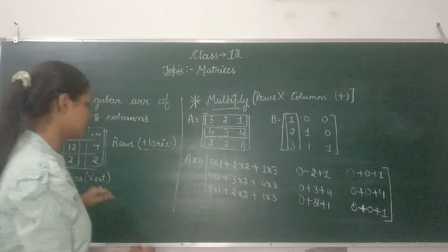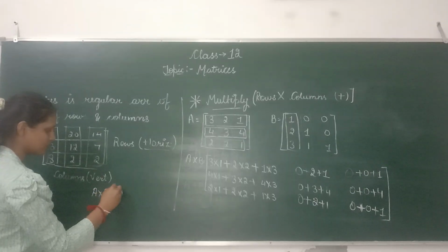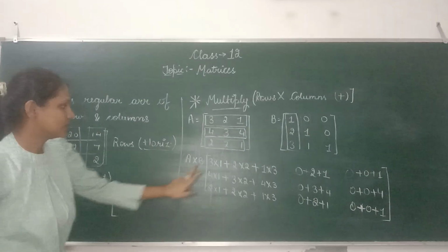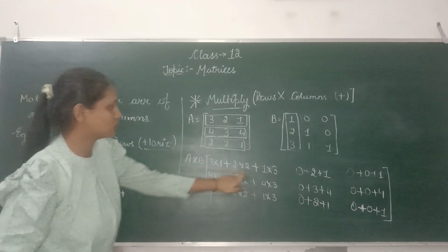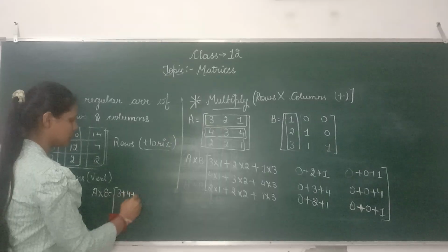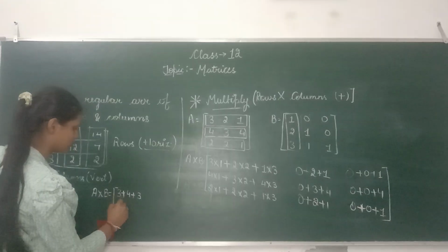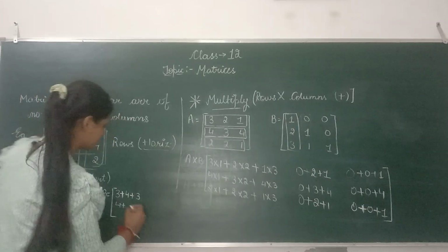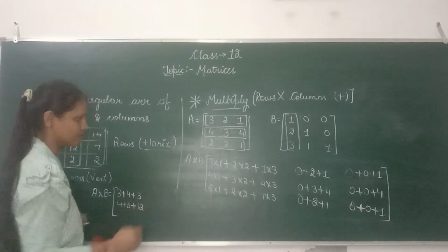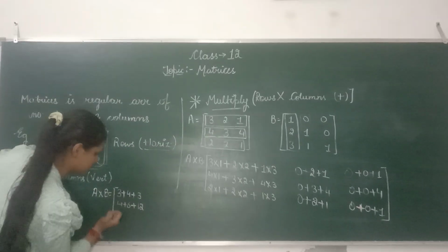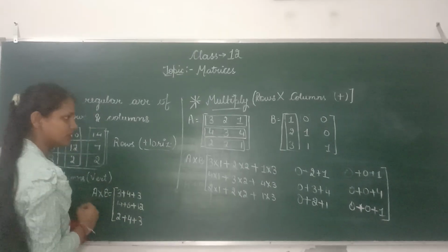So the matrix becomes, I am writing here, A multiplied by B will become 3 multiplied by 1, 3 plus 2 2s are 4 plus 3 multiplied by 3, 4 ones are 4 plus 6 plus 4 3s are 12, 2 ones are 2 plus 4 plus 3.